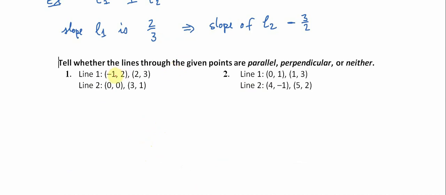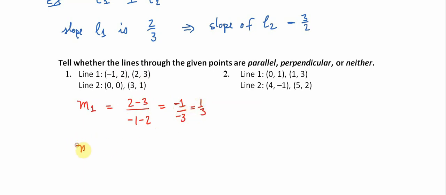So line 1 goes through these 2 points, line 2 goes through these 2 points, and I'm going to use M with a subscript to abbreviate. The slope of line 1 is going to be the change in y, so 2 minus 3, over -1 minus 2. So this gives me -1 over -3, which we can simplify to 1/3. So that's the slope of the first line.